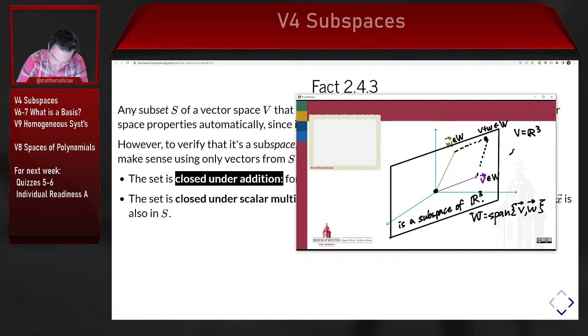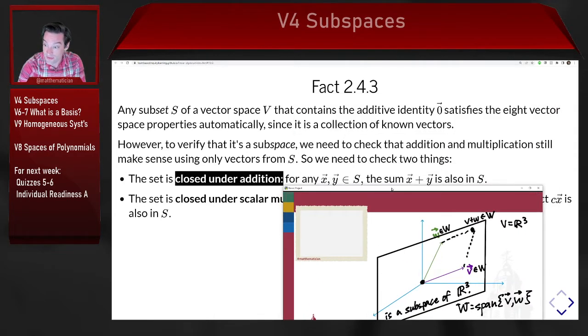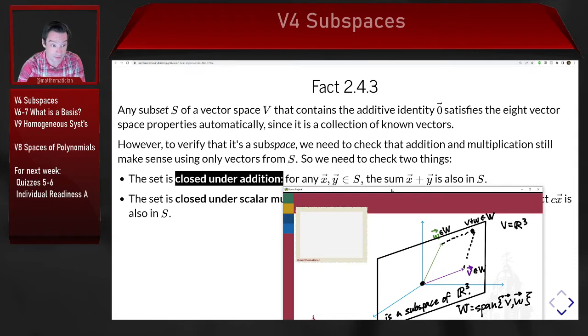Another way to think about this is I can't add two elements of my subset and have the sum of them not belong to that subset. I can't leave the subset by virtue of just adding things which are in the subset. That's what closure under addition is supposed to tell us. So that's one thing we need. For all vectors v and w in my set, the sum also has to be an element of that set.